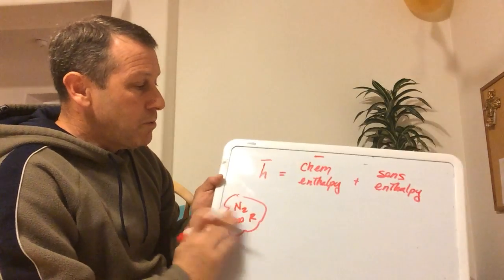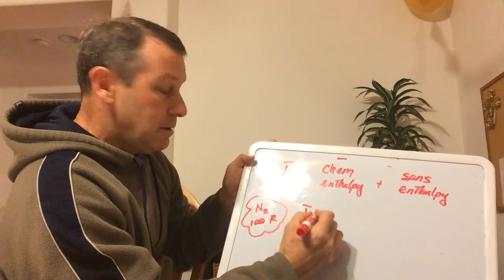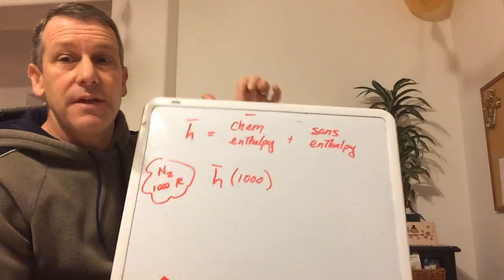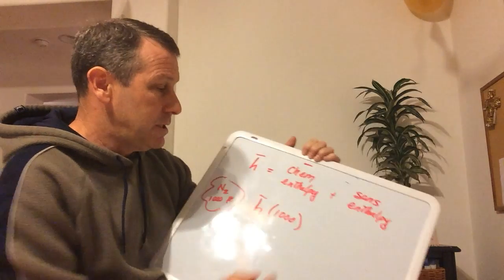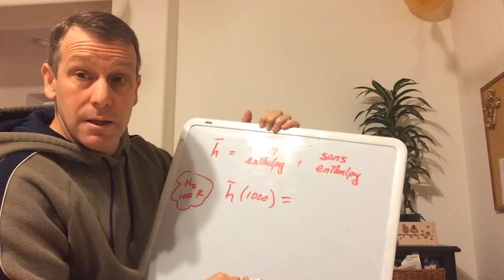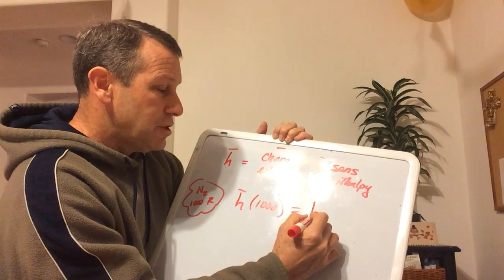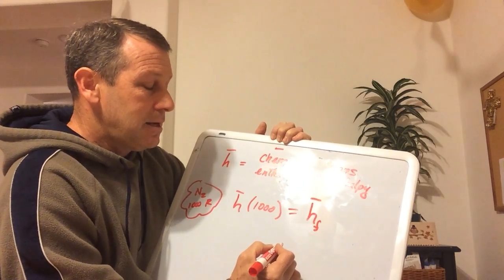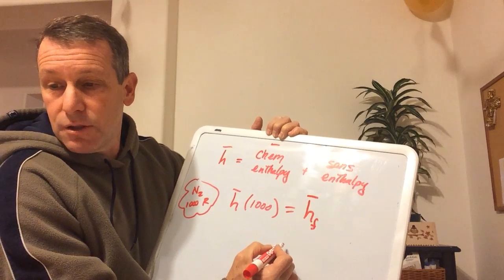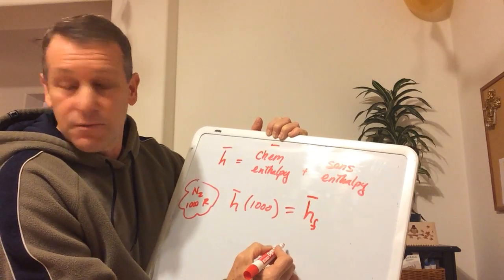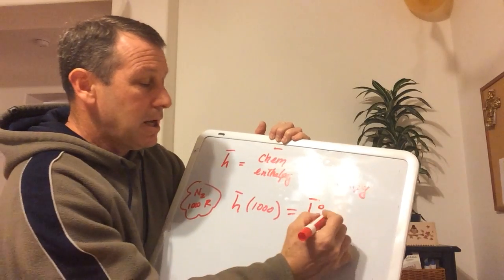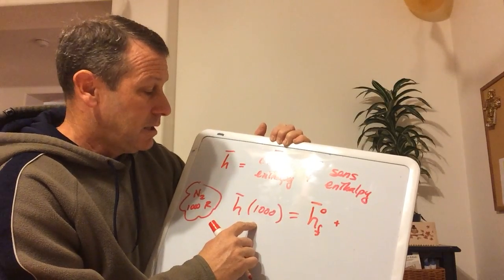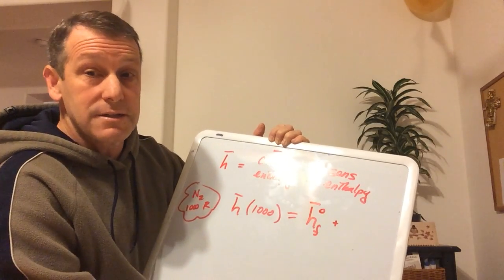What we would want to do to get its enthalpy at 1,000 Rankine is a combination of its chemical enthalpy, which is the enthalpy of formation per mole at our standard temperature, and that's what that O means, plus the sensible enthalpy due to the fact that it's a higher temperature.